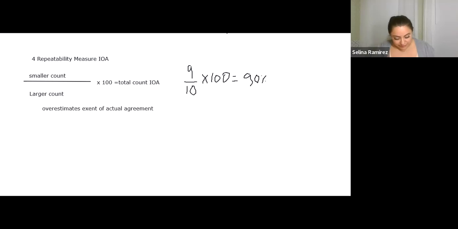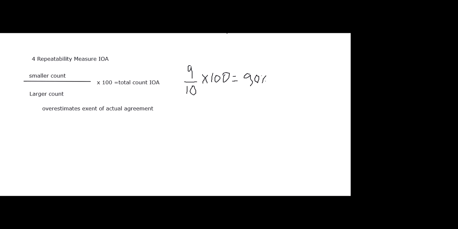Like one girl observed 10 all in the first 5 minutes, and then the other girl, she's like, oh, well, I saw 4, and then maybe 9, maybe 5. So maybe because of the, I don't know. I'm trying to understand this too. I'm trying to understand, Serena.